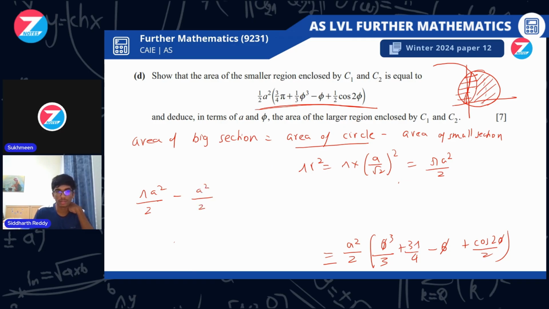Minus a square by 2 into 5 cube by 3 plus 3 pi by 4 minus 5 plus cos 2 phi by 2.